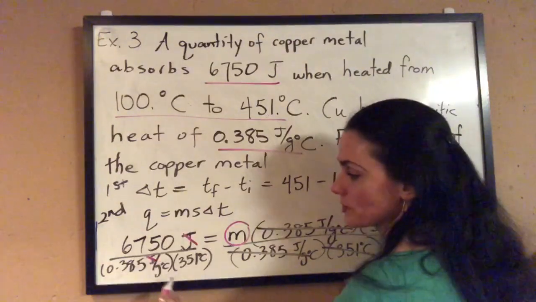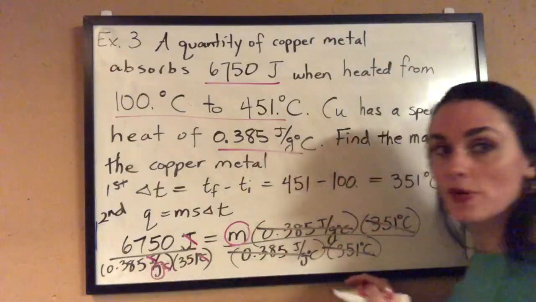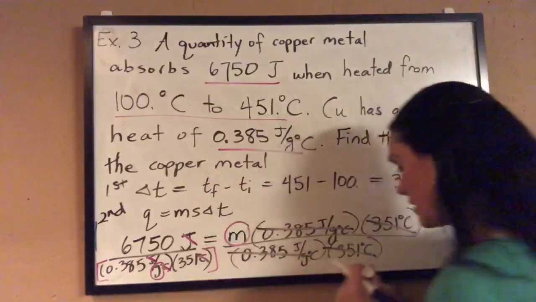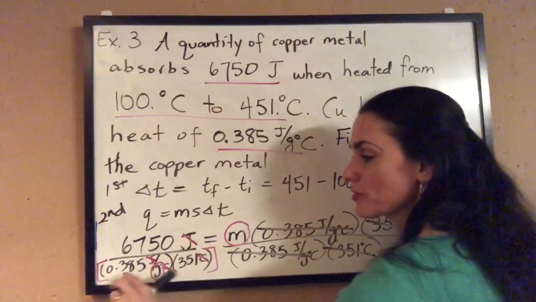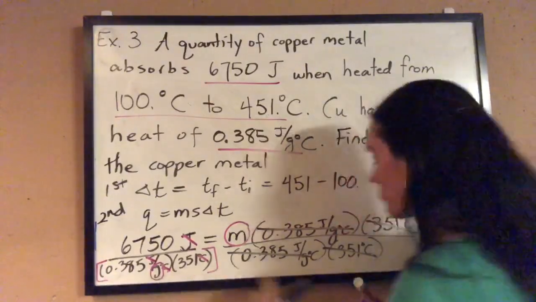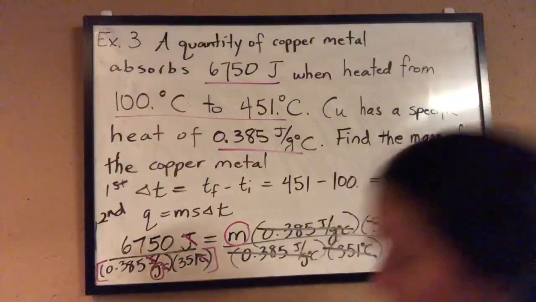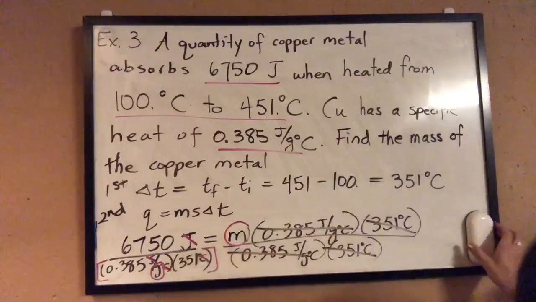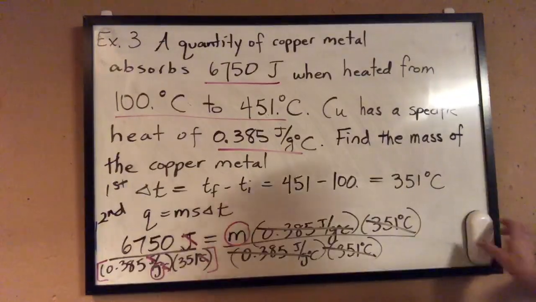Joules cancel. Celsius cancels. And we're left with the units of grams. When you go to get your final answer, remember, take that heat and divide it by the specific heat and the temperature quantities. But remember to put the brackets so you tell your calculator this is what you want it to do. So in doing that, you should come out with a mass that's 50 grams.